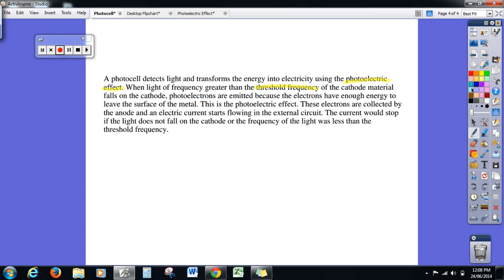So remembering that the energy coming in from the photon must be greater than the work function for photo emission. Okay, so that's the important part. Once again, it's mentioned this is the photoelectric effect. So the first part here is simply defining the photoelectric effect.